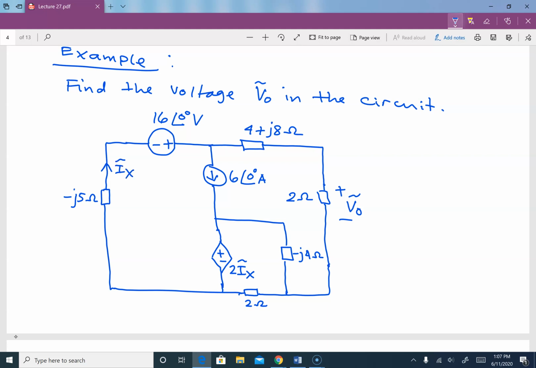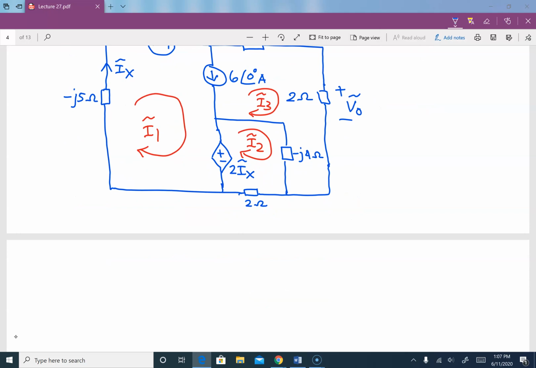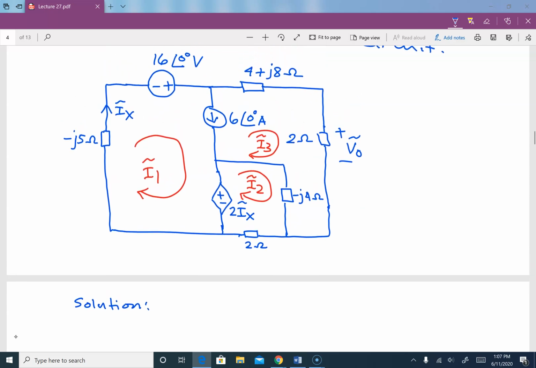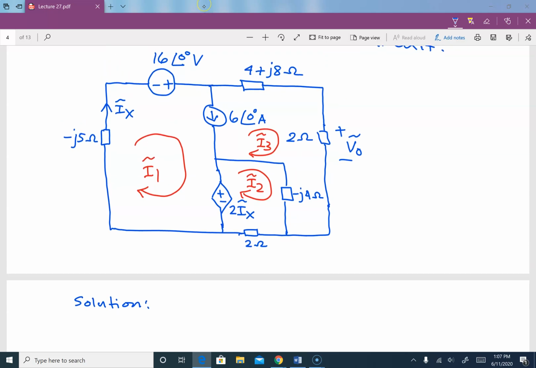So we said that the first step is to assign loops. So we are gonna call this I1, and all of those are phasors, okay? This over here is I2, and over here we can go with I3. So we will go with loop 1.